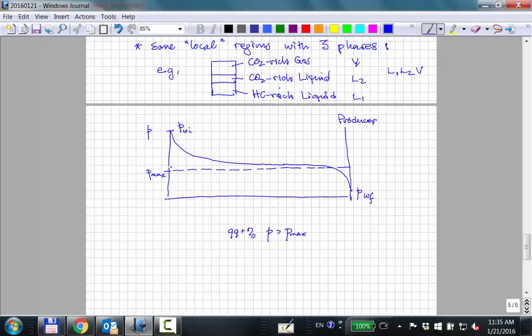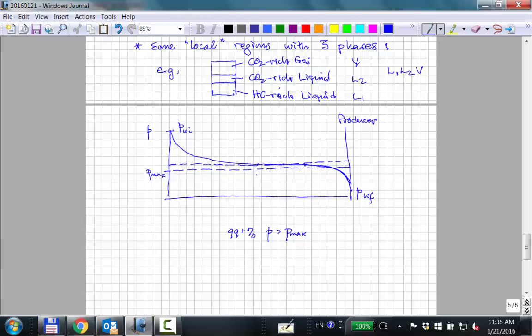Even if you raise the maximum pressure up to here, then you're still basically in this region here, it's not miscible. So if it's below that pressure, then it's not going to be first contact miscible.